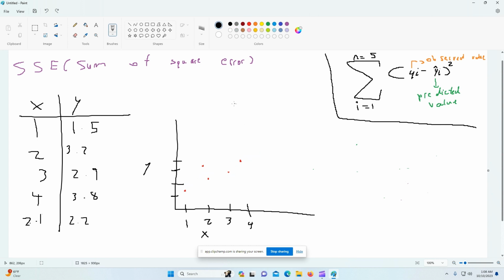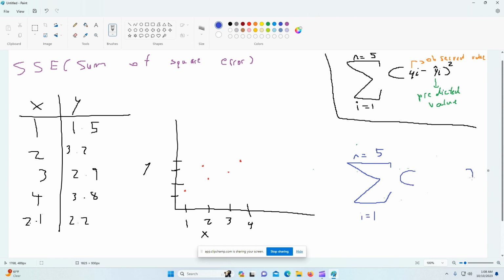Now, the problem here is we don't have a line of best fit. So what do we do if we don't have a line of best fit? When we don't have a line of best fit, the best thing we can do is n equals 5, i equals 1.